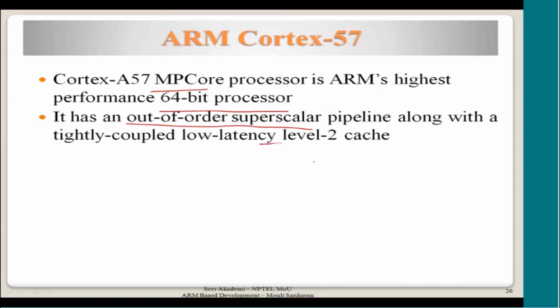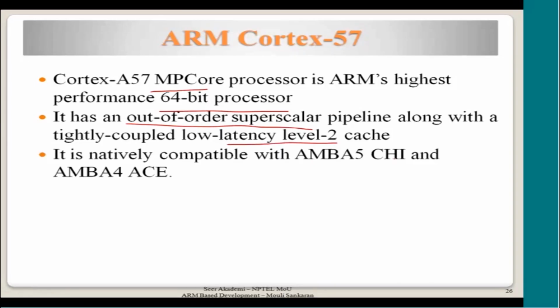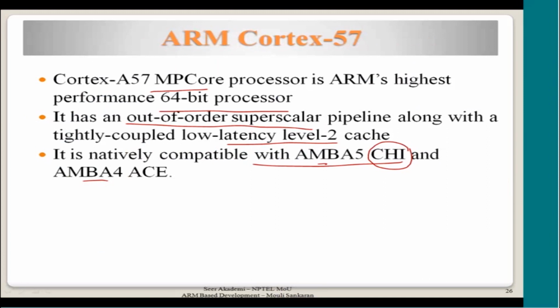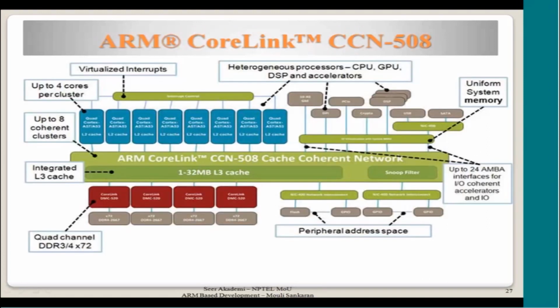Okay, and it has got a low latency level 2 cache also, and I have talked about the coherent interface, host interface. So ARMv5 and 4 is compatible with this particular processor. Okay, so as an example of this, multiple cores of A53 are there in this.